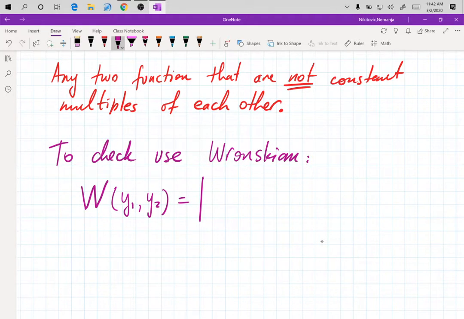Those of you who did not take linear algebra, I'll have to explain the notation. But right now we're writing y1, y2, y1 prime, y2 prime.